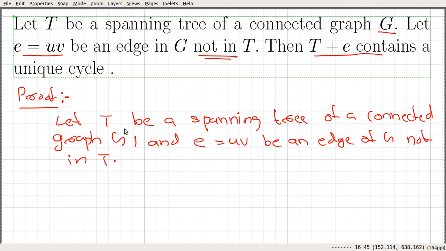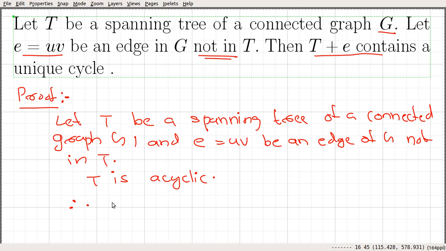Since T is a spanning tree, we know that T is acyclic.